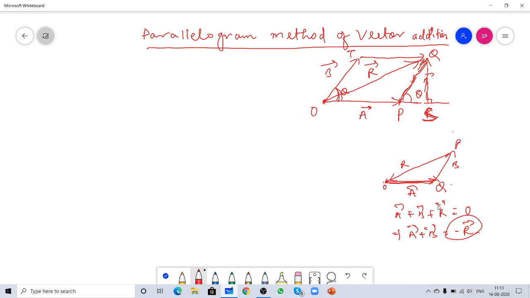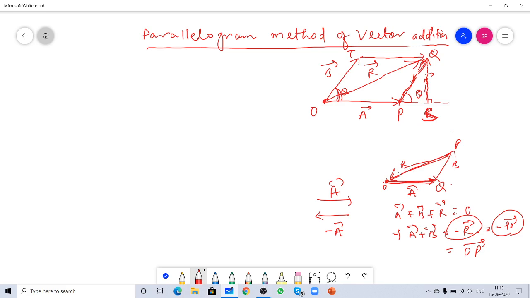So this is your PO vector, minus of PO vector means OP vector. Negative of a vector is just the reverse. Like if this is a vector, I can write exactly the same vector in the opposite direction as minus a vector. Similarly, minus of PO vector I can write as OP vector.